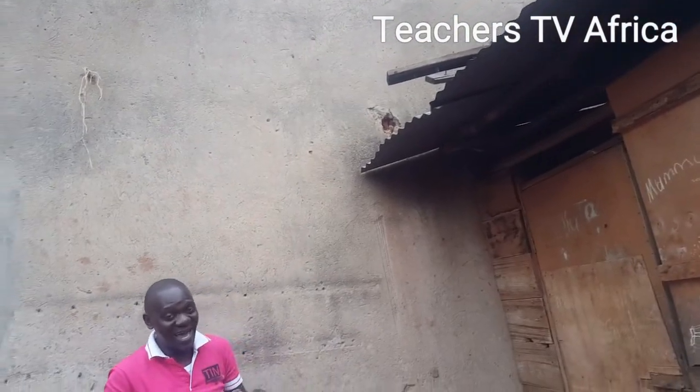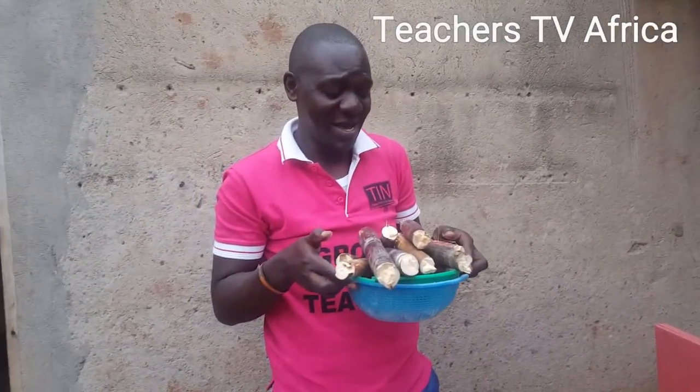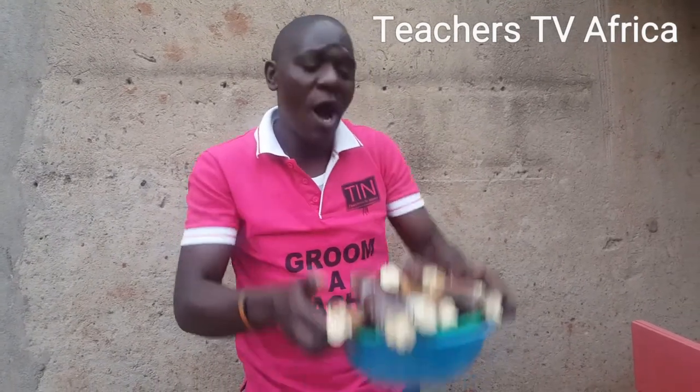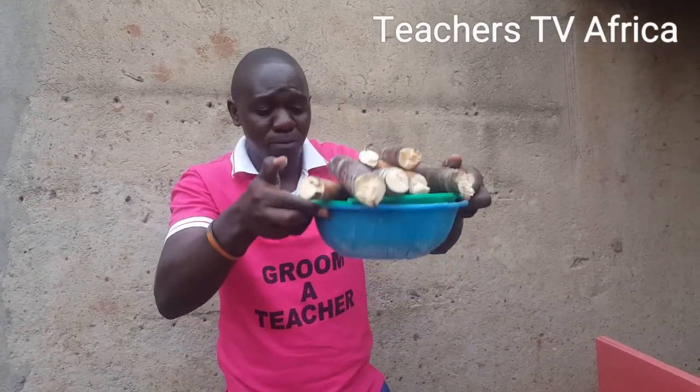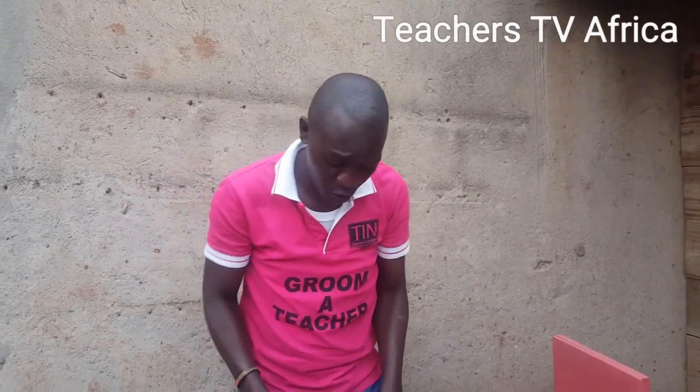We have sugarcane. Most of you believe that it's just to eat. Yes, it's a fruit, but you can also use it as a learning aid. We don't know how many are in this basket or in this pail.